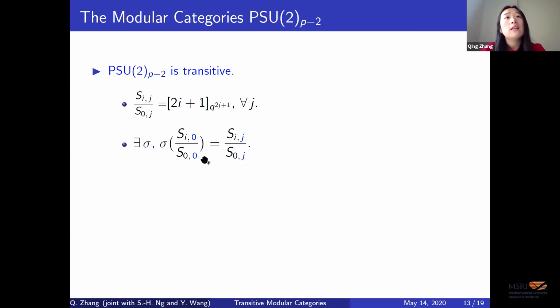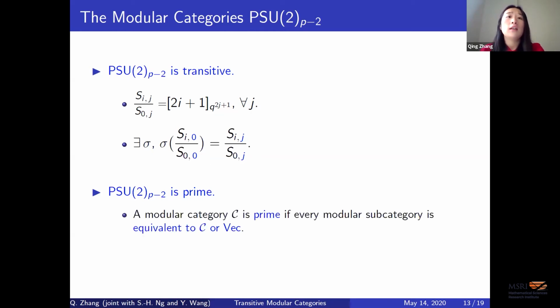Moreover, this category is also a prime modular category. We call a modular category prime if every one of its modular subcategories is equivalent to itself or Vec. And recall we mentioned earlier, any non-trivial simple object in this category generates the whole category.